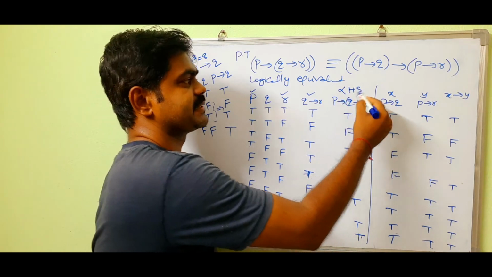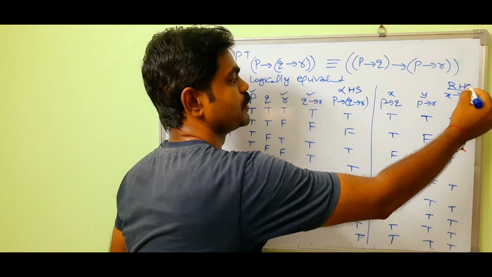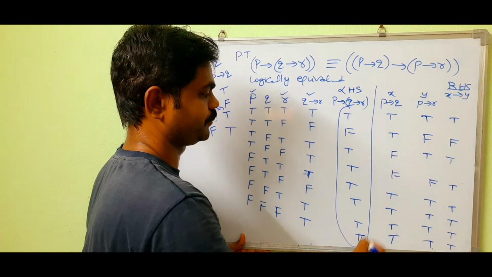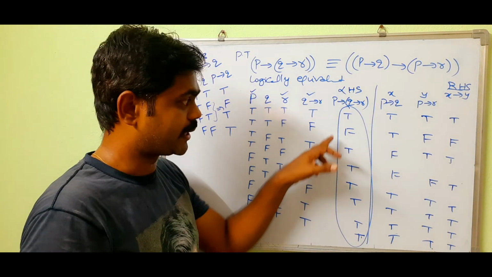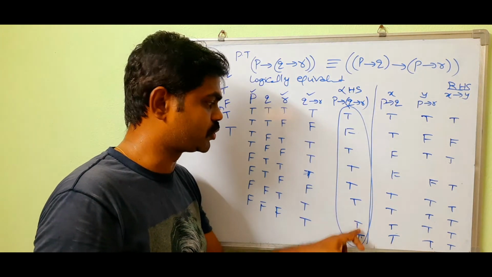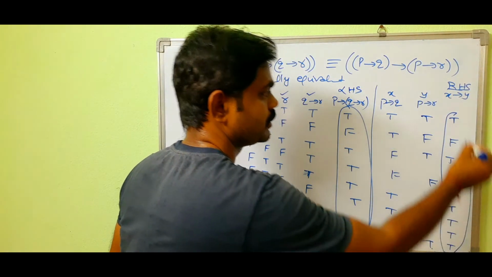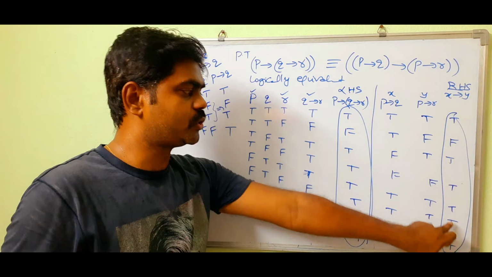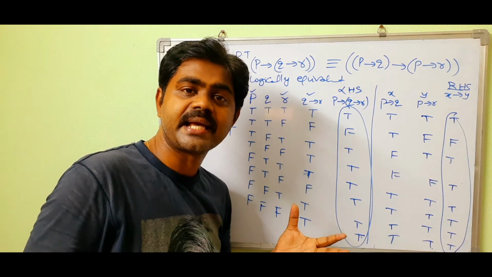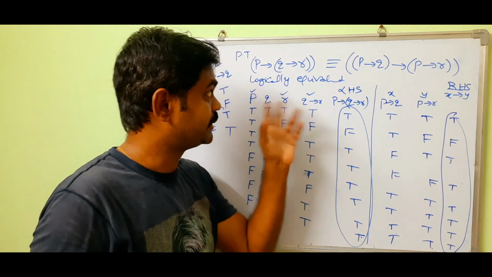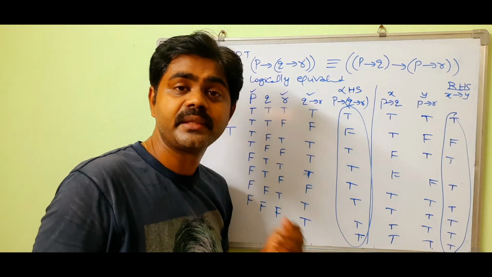This is LHS and this is RHS. So both got the same value or not. So if you check here, what I got? True, false, true, true, true, true, true, true. So now check here. True, false, true, true, true, true, true, true. So with this, I can clearly say that these two are logically equivalent.